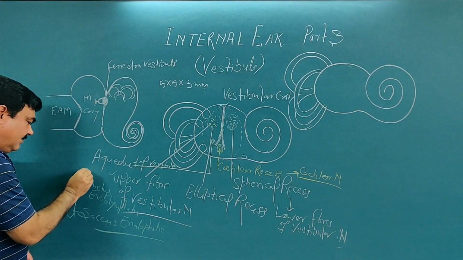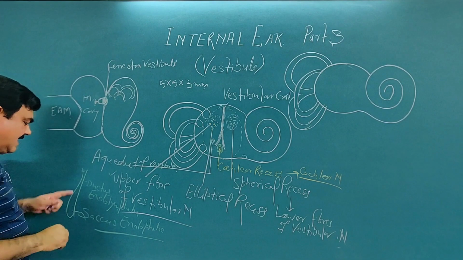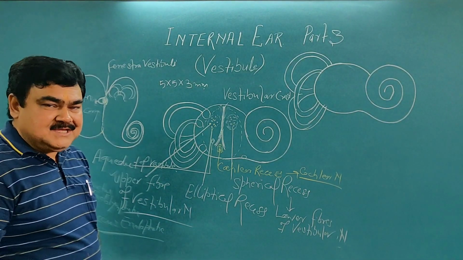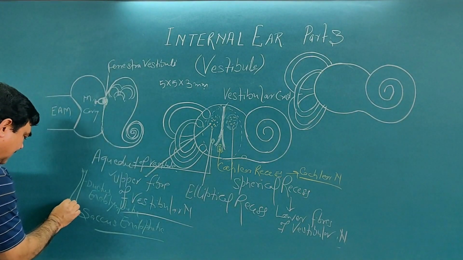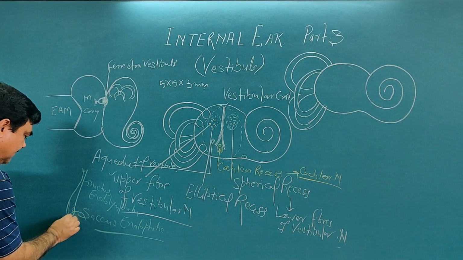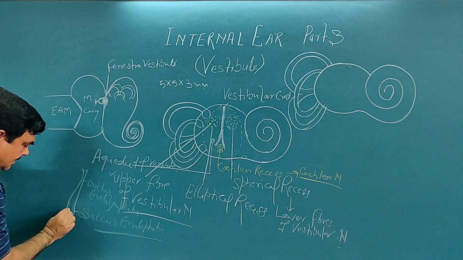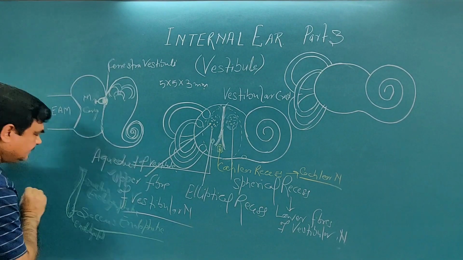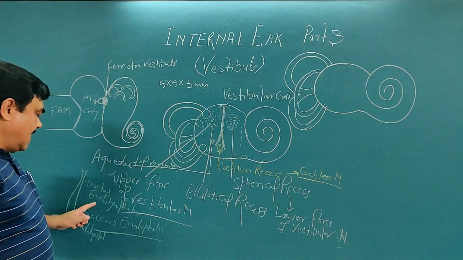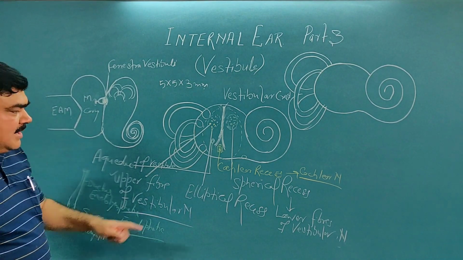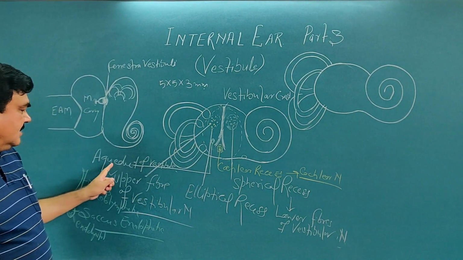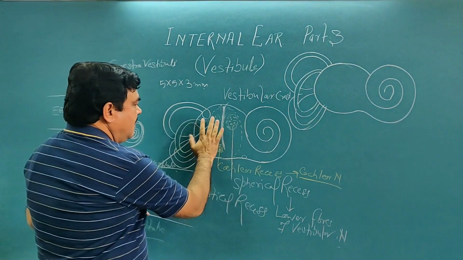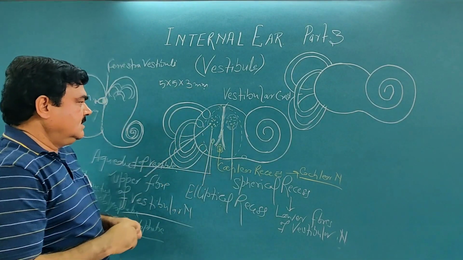This is the part of the membranous labyrinth which extends and reaches into the epidural space, and here its epithelium absorbs the endolymph. So the ductus endolymphaticus and saccus endolymphaticus pass through this foramen, that is the aqueduct of vestibule. So this is the medial wall where you have seen numerous structures.